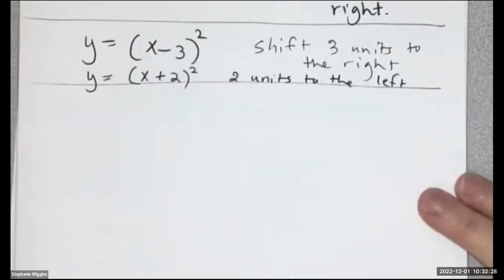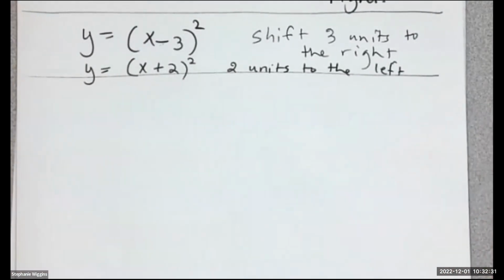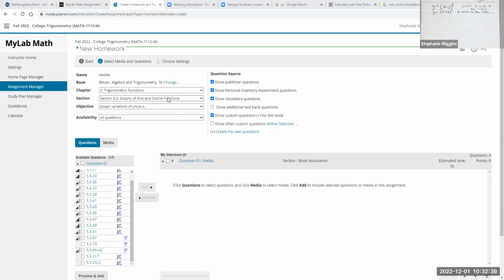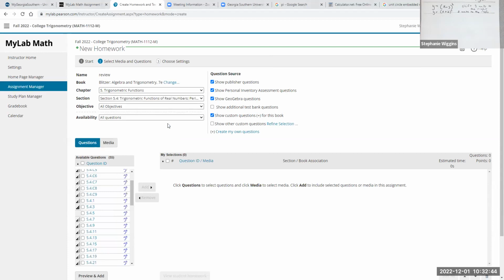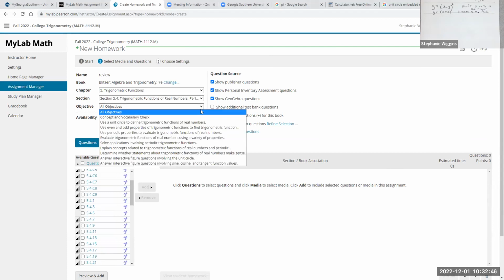Sometimes they'll give you a point, and I'm trying to think, I think it's from this section.